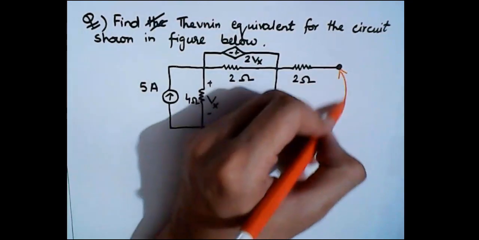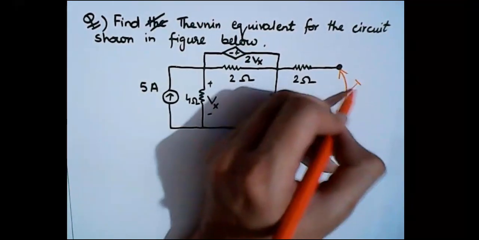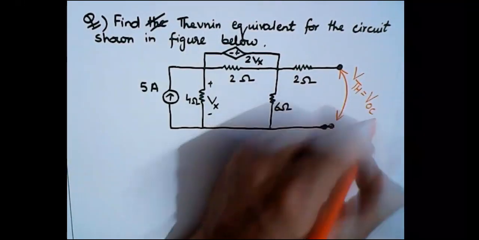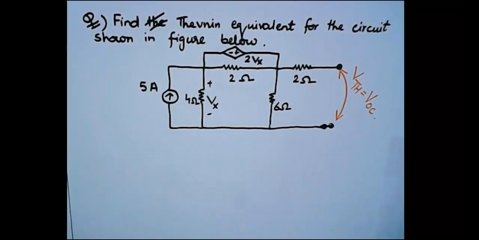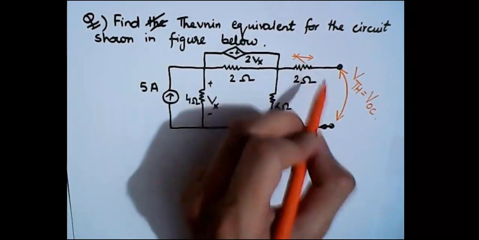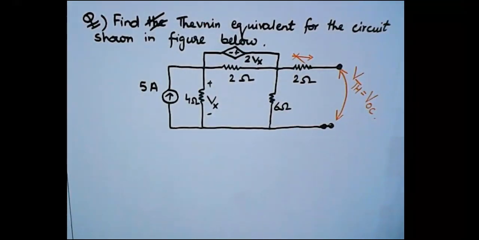We already know that VThevenin is basically the open circuit voltage here, right? Since there is an open circuit, the current through the 2 ohm resistance will be 0.